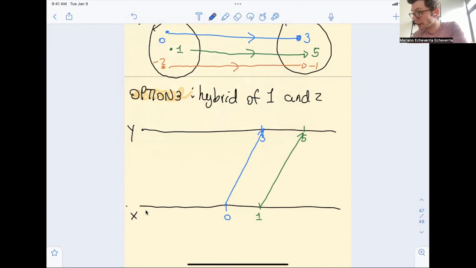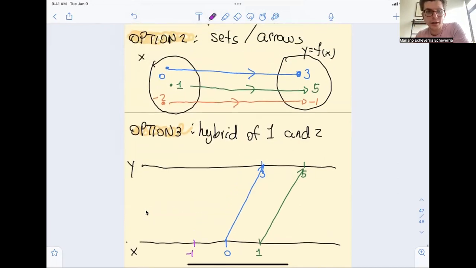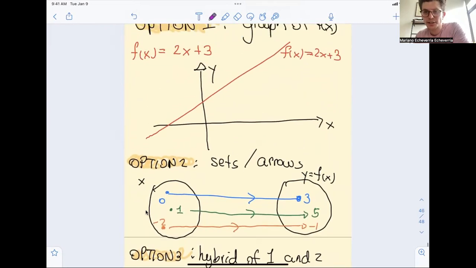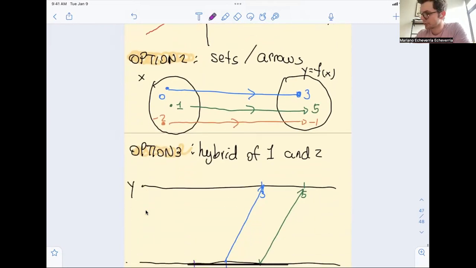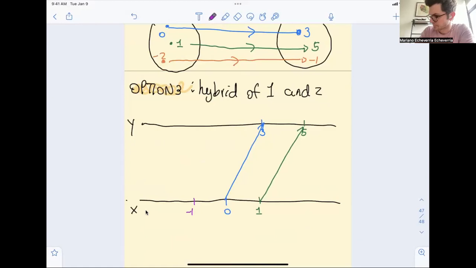Then I didn't do -1, but we could do it, right? So -1, where should I send -1? The function was 2x plus 3, so it would go to 1, right?